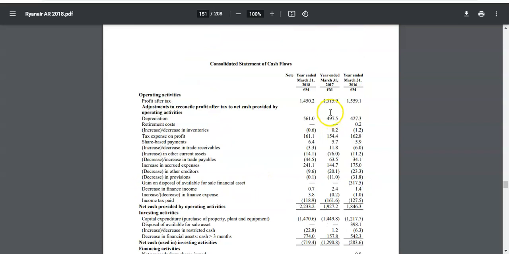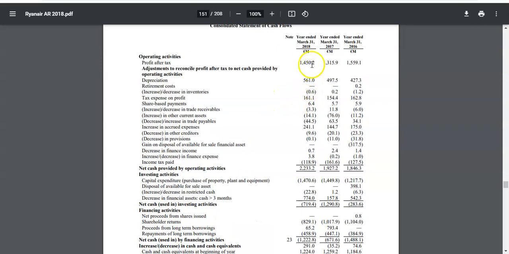So what we can see from Ryanair's perspective, well, if you're looking at the profit after tax and going to net cash from operations, some of the key differences are: one is you adding back depreciation. So what we mean there is when you buy planes, that will be capital expenditure. So you see you buying planes down here, they spent 1.4 billion on planes, which is not an expense. It doesn't go into the profit or loss statement.